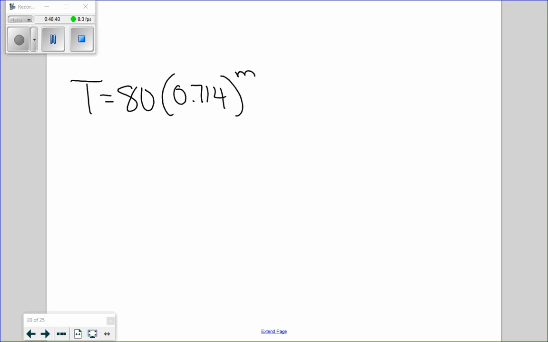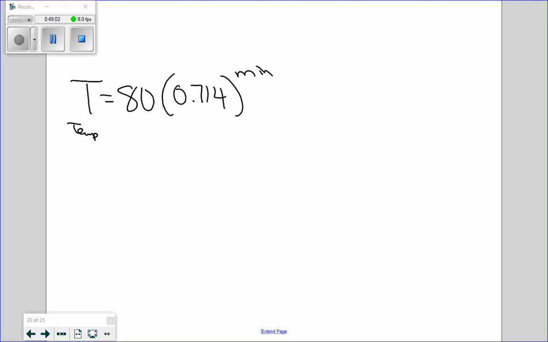So it says, at the carnival, a child's hot chocolate is cooling down. The equation that models the temperature over minutes is given by that. Okay, now listen to my question. What unit are you in? What type of equation is that?